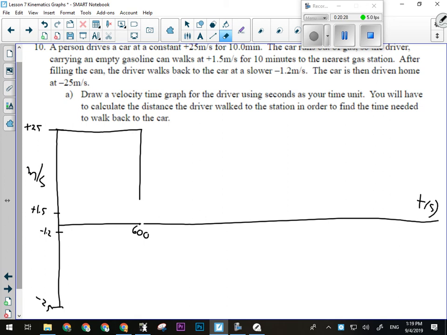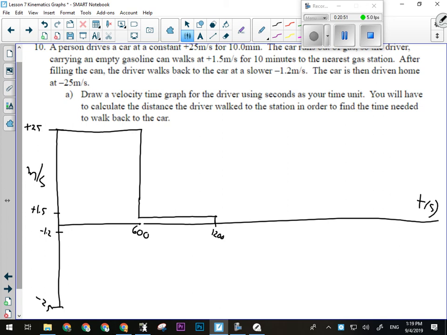Then because they run out of gas, and we're just going to say that they instantaneously ran out of gas and stopped and got out of the car, we're faking it a little bit here. They're going to walk for another 10 minutes at 1.5 meters per second. So that takes us to 1,200 seconds.